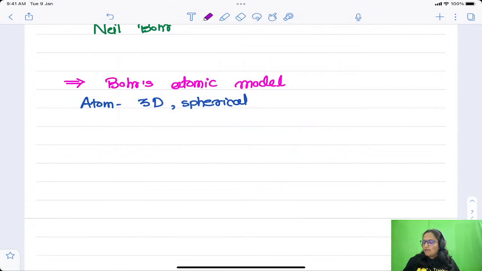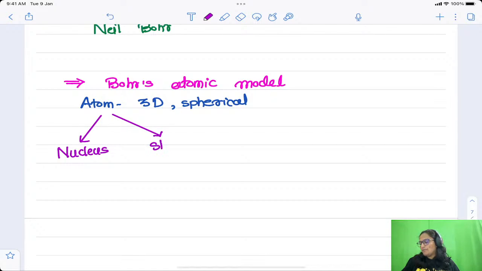Now every atom has two parts. The first part is called the nucleus of an atom, and another part is called the shells of an atom. So what is the nucleus?